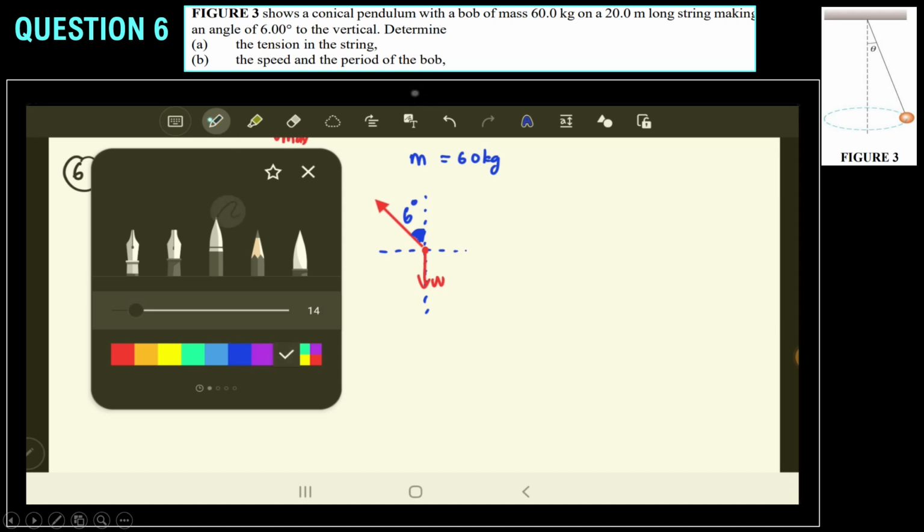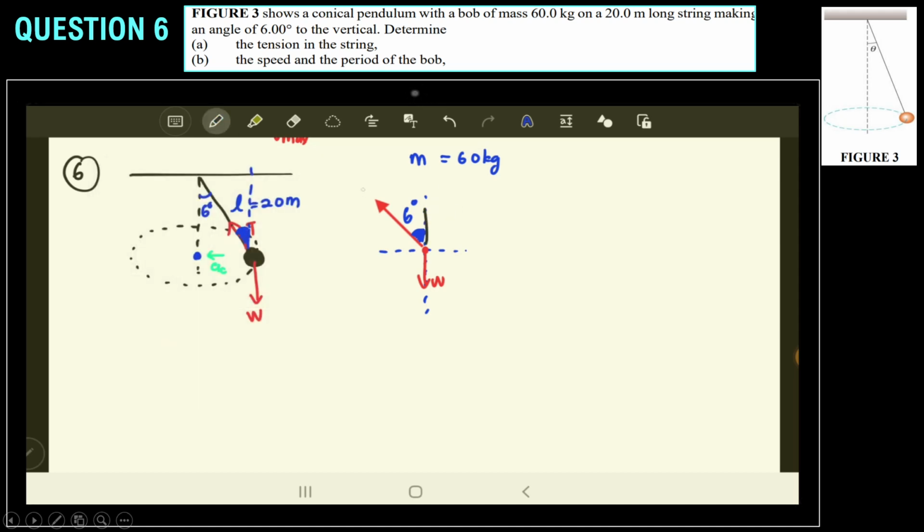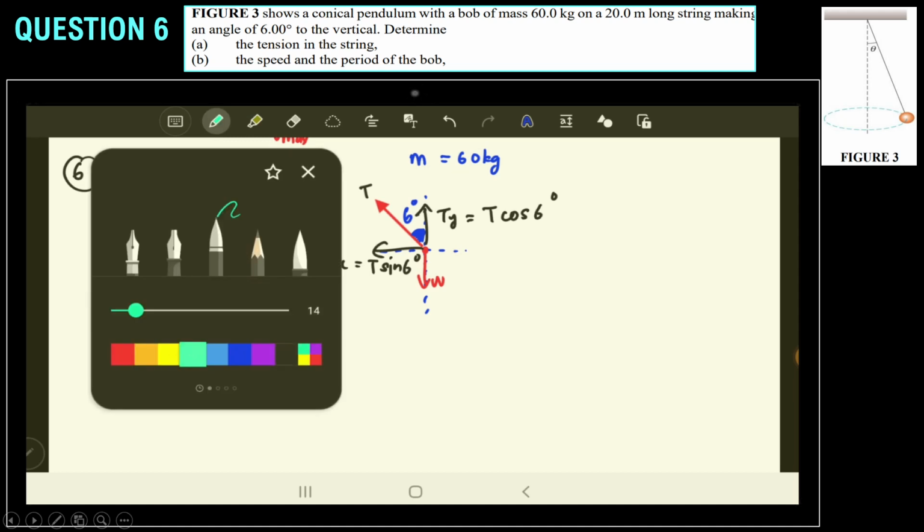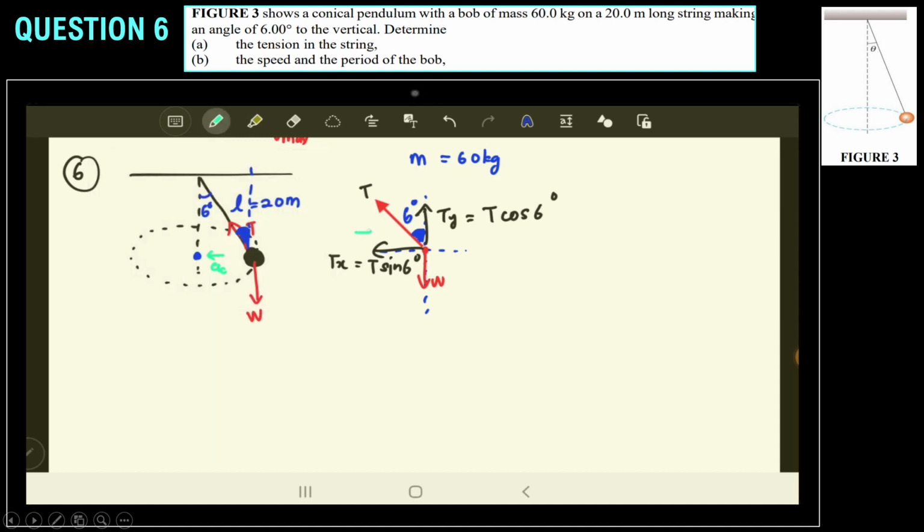So this is T. Ty is equal to T cos 6 degree and Tx is equal to T sin 6 degree. The small direction for the acceleration, I put it at the top here.